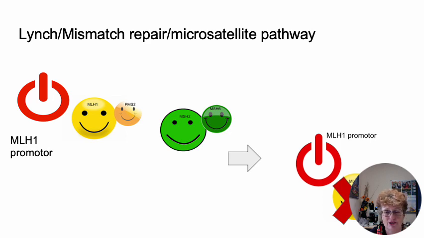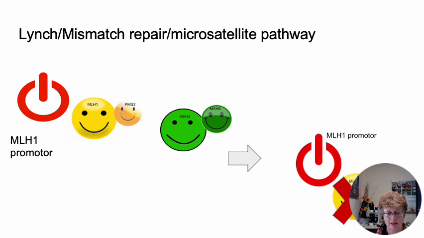The fourth thing to know is that if this promoter is methylated, it can switch off the pathway, and so the whole pathway stops working. And the fifth thing to know is that if there are mutations in these proteins, they are autosomal dominant, and that will be passed on to the next generation.